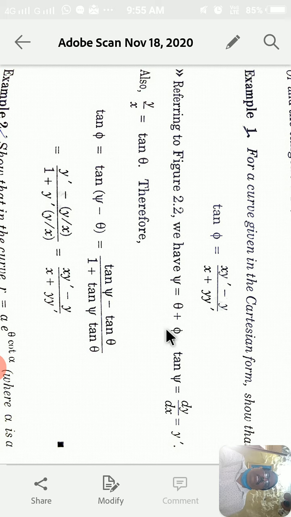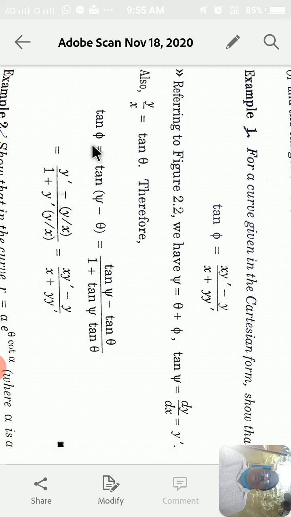So tan psi is dy by dx, the slope of the tangent, which is denoted by y dash. Also from the figure we know that y by x is tan theta, because tan theta is opposite by adjacent. So tan theta is y by x.